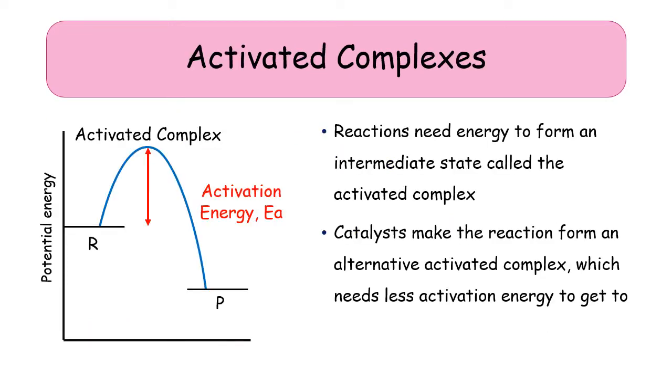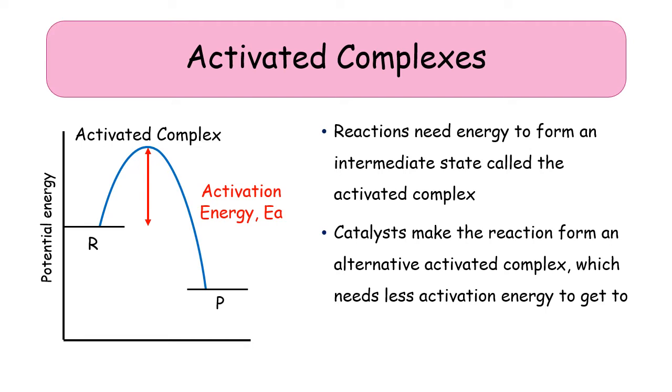Now we can represent a reaction using a diagram like this. This is known as a potential energy diagram, and we'll look at this in more detail in a Unit 3 topic related to energy and reactions. But we can see the letter R represents reactants, the letter P represents products, and the blue line is the reaction as it happens. That blue line always goes up first, and it forms a hill.